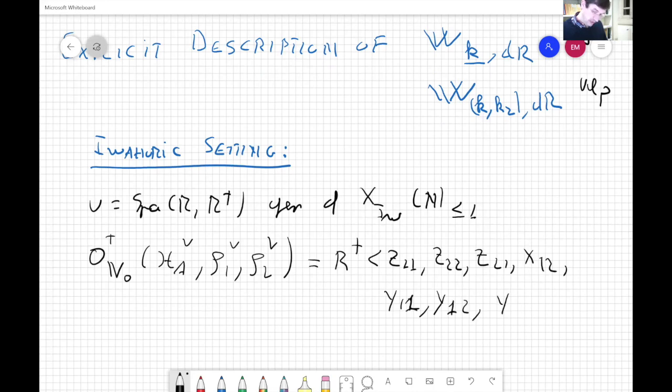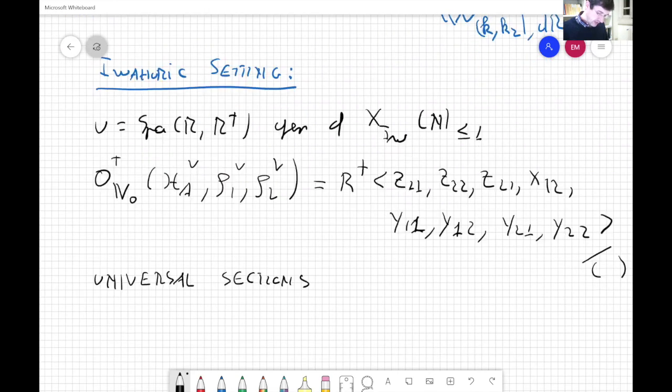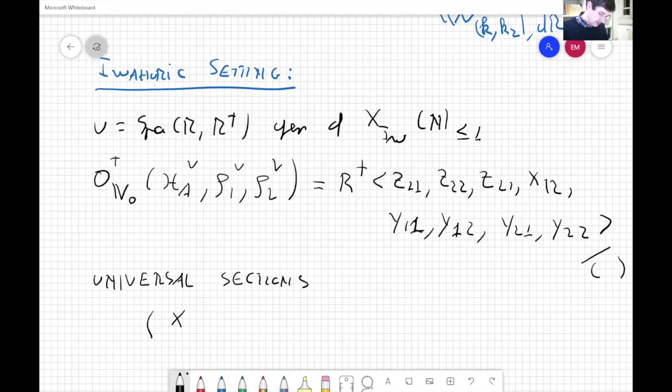I hope it will be clear in a second. Remember that in this case, we fix two sections, okay? So there is a modular relation that I'm not going to describe. I will tell you how it comes. And actually, we have the universal sections that this space describes, given by the following matrix multiplication.